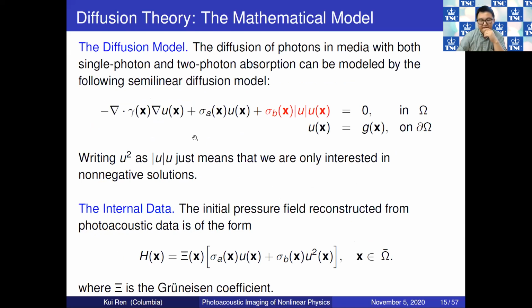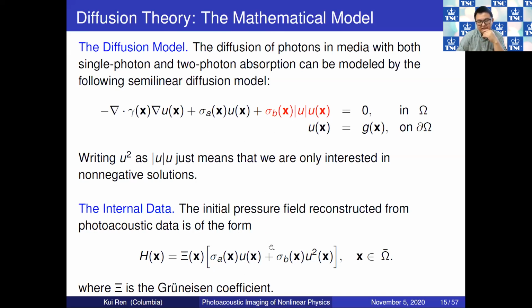Suppose we are talking about this diffusion equation and everything is valid. This is a nice model here, okay? And we have this data. H is the data. So here, forget about the absolute value. I'm just saying that we are looking for non-negative solutions because in physics, we only care about that. So I put an absolute value here, but forget about that.